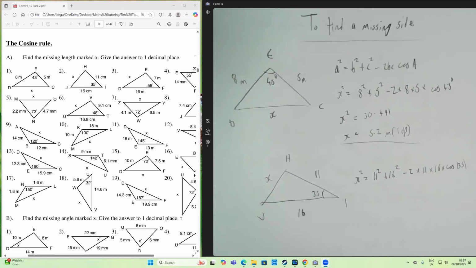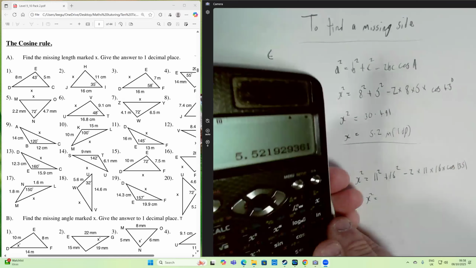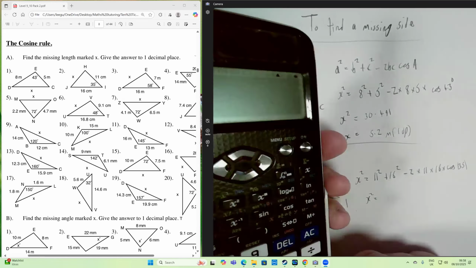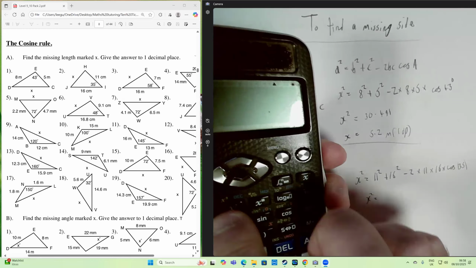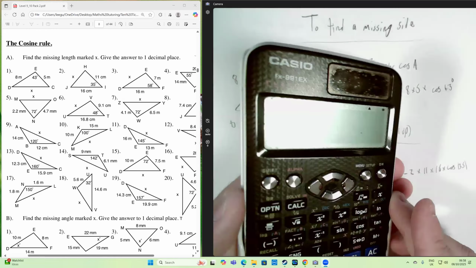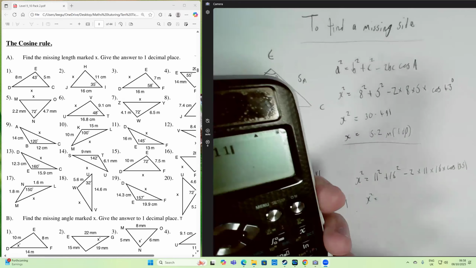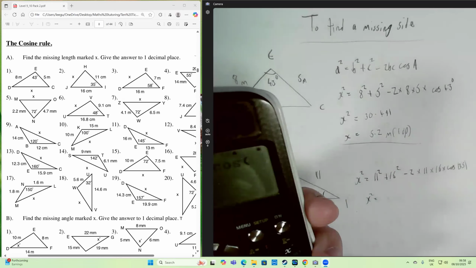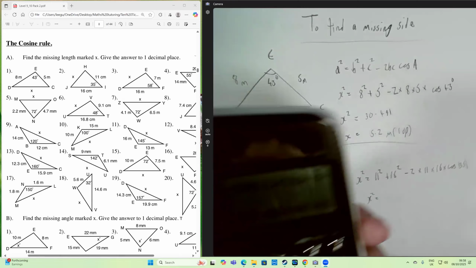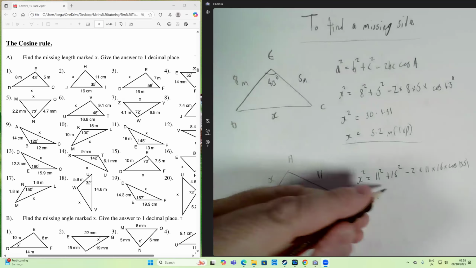Let's put all of that in and see what we get. We're putting in 11 squared plus 16 squared minus 2 times 11 times 16 times the cosine of 35 degrees, close bracket, equals, which gives us 88.658.